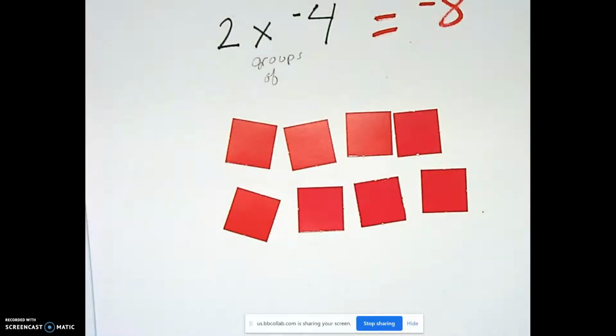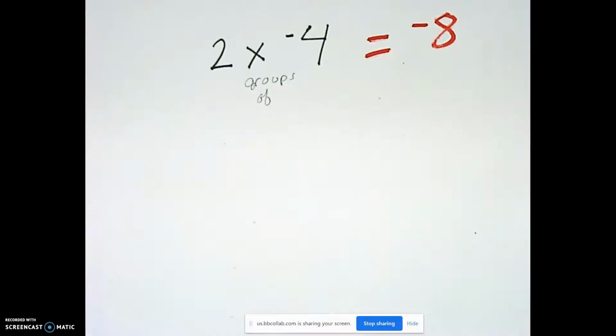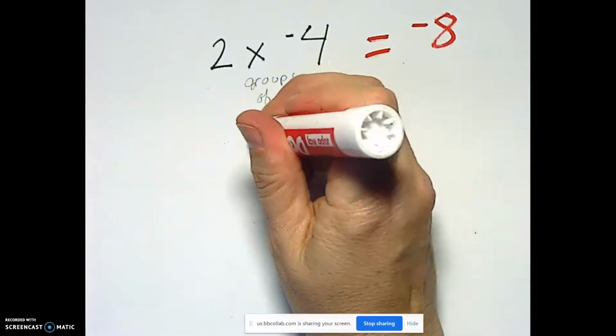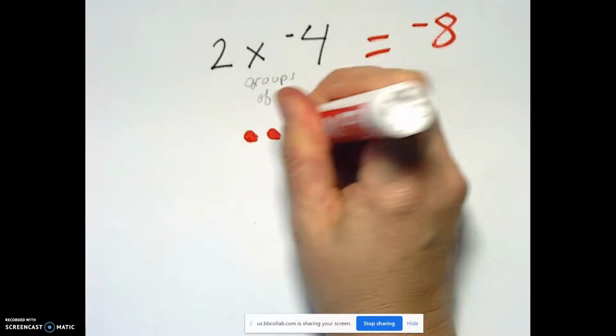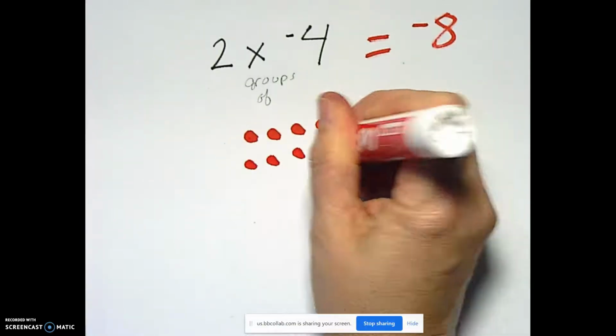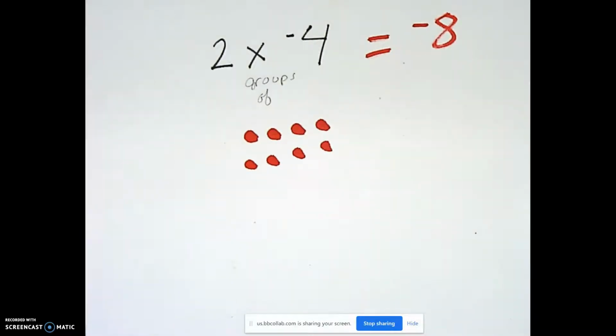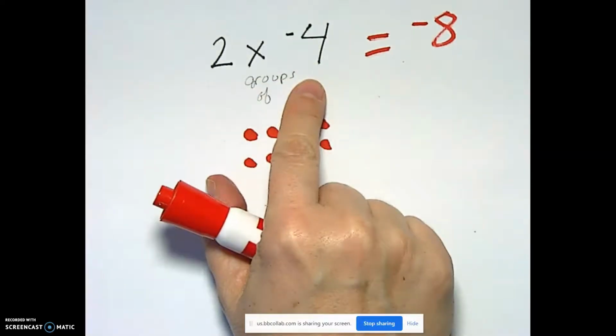If you wanted to just draw that, you would just draw the 2 groups of -4. 1, 2, 3, 4. There's 1 group of -4. There's the second group of -4, and you get -8. And you're done.